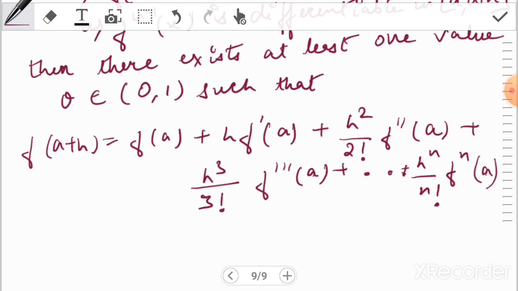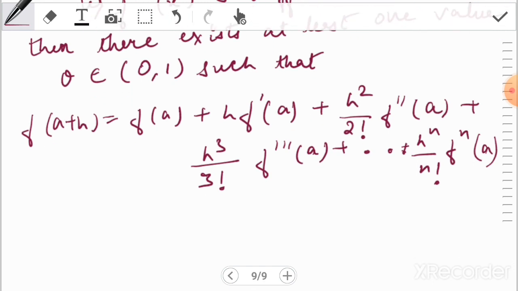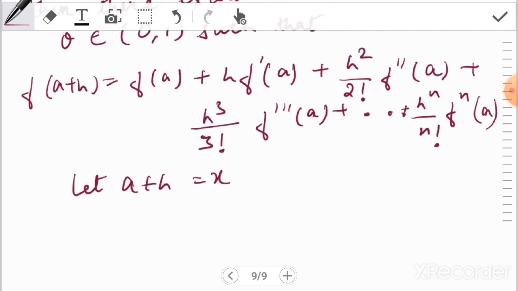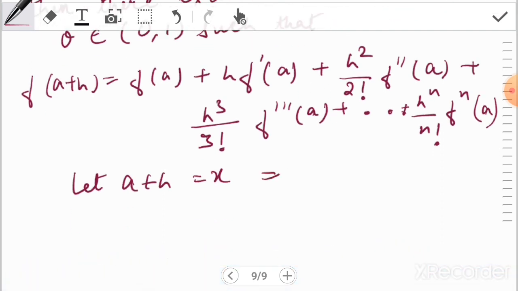So if we have to find the expansion of f(x) at point a, then let a plus h is equal to x, which gives h is equal to x minus a.